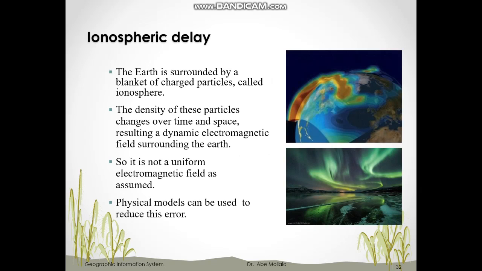The density of particles in the ionosphere is not uniform and changes over time and space, resulting in a dynamic electromagnetic field surrounding Earth as opposed to a uniform one. So the electromagnetic field is not uniform as we assume. That's why we can see auroras in the polar areas. Fortunately, there are several physical models to reduce this error.